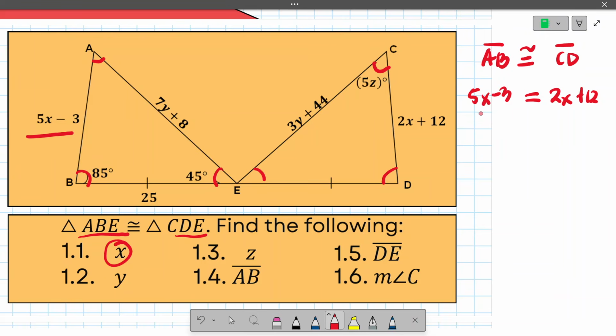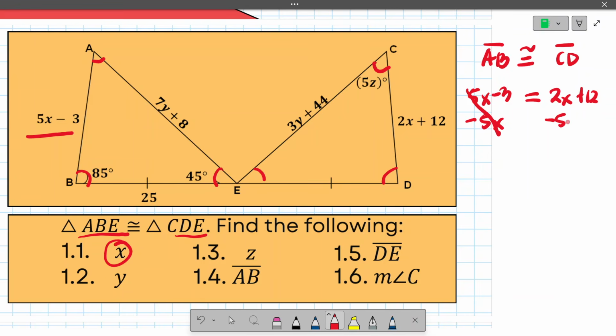If I am the solver of this problem, to cancel 5x in this side, I will add negative 5x below 5x para ma-cancel na siya, correct? Pero I have to do it also on the other side, which is here, where it has the same term.